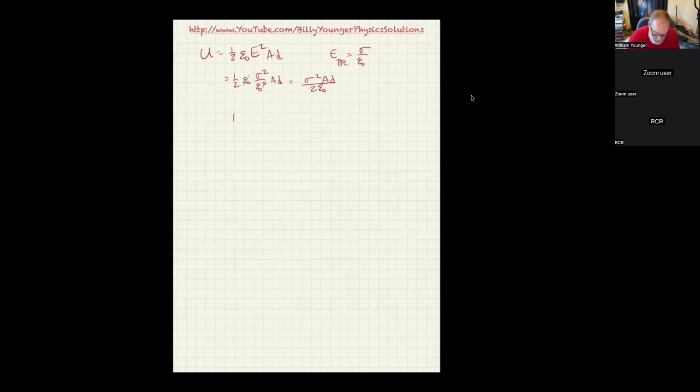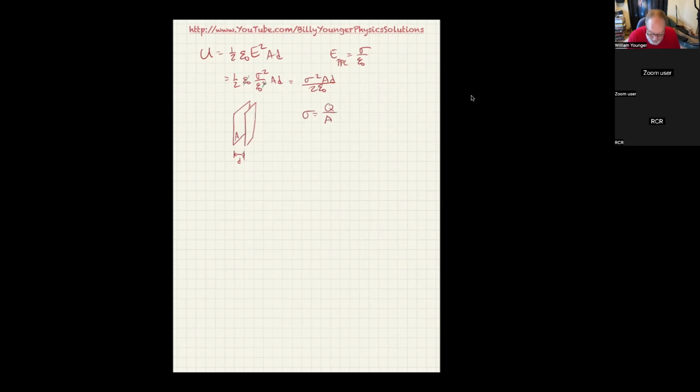And basically what we're talking about here is, here's your 2 parallel plates, this is your distance D between them, and this right here is your area A. So that's what goes in for the A. And the sigma, by the way, is actually the charge divided by the area.